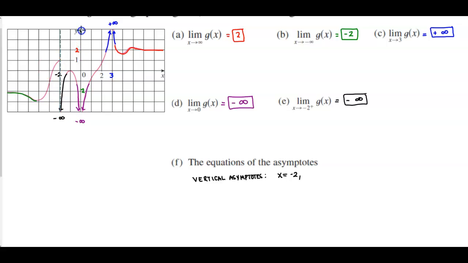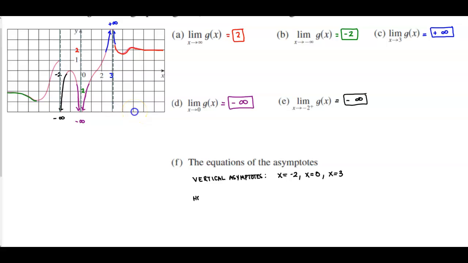Then we have another vertical asymptote going through 0, so we have x equal to 0. And then we have another vertical asymptote going through 3 here. So there is our vertical asymptote at x equal to 3.